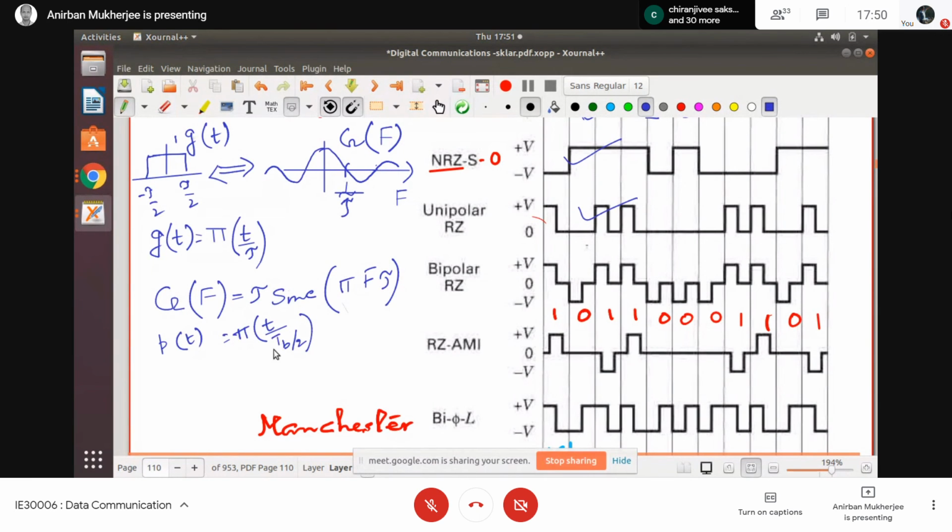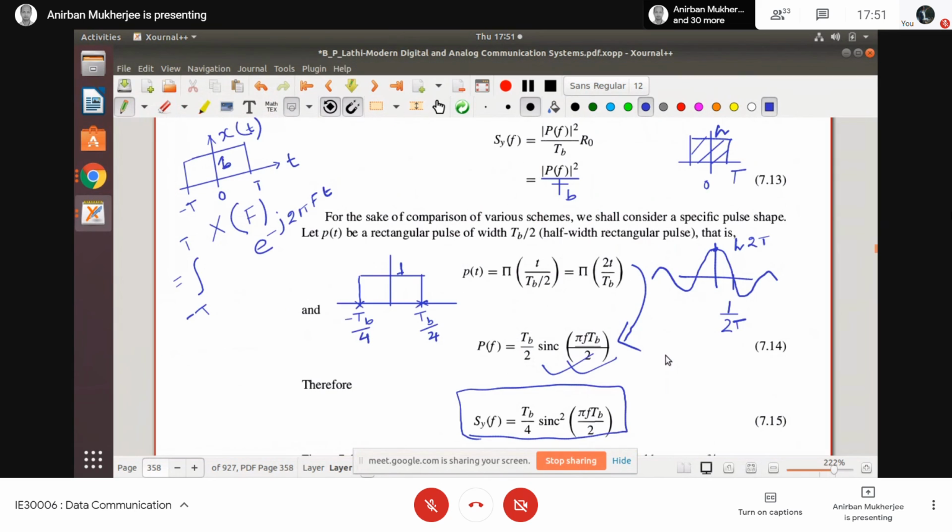So now in place of tau, you put Tb by 2: Tb by 2 sinc of pi f Tb by 2. Sinc means sine of this divided by that. Yes, Tb by 2 sinc pi f Tb by 2.